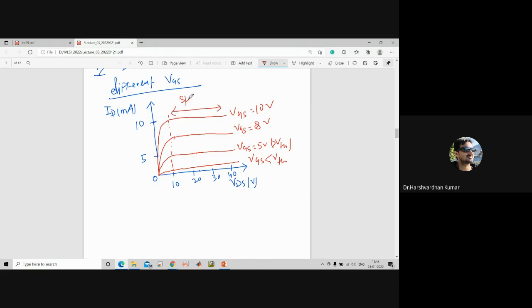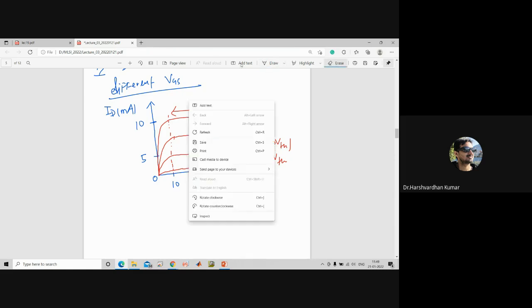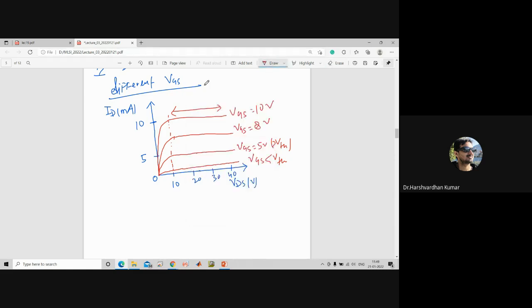This is known as the saturation region, right? And this is known as the linear region.